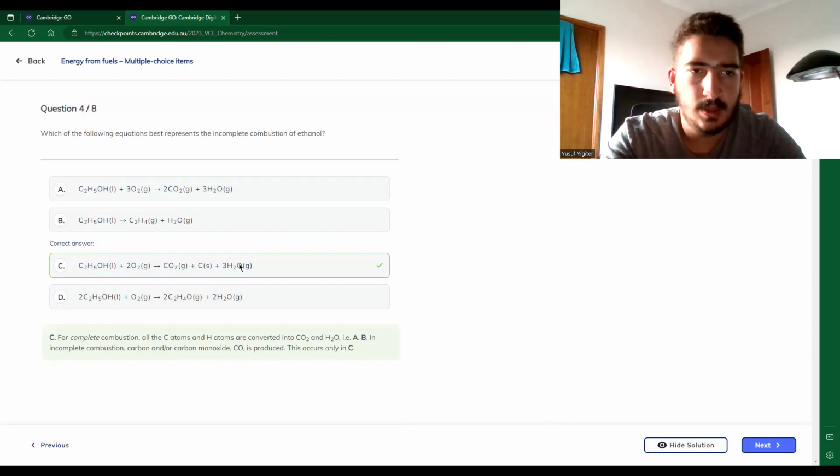So when C is produced, it's just solid C. Oh, that's when it's incomplete.